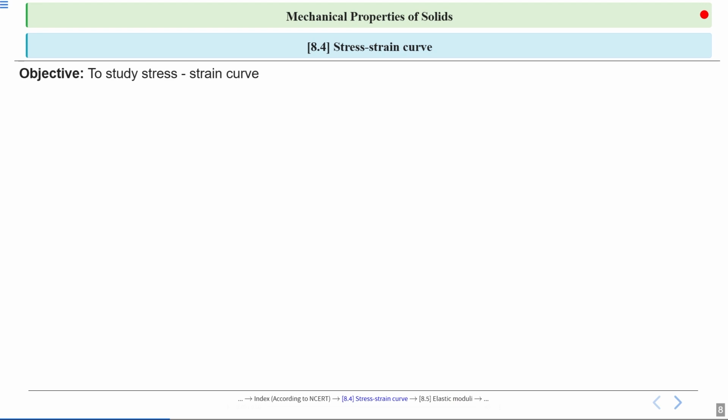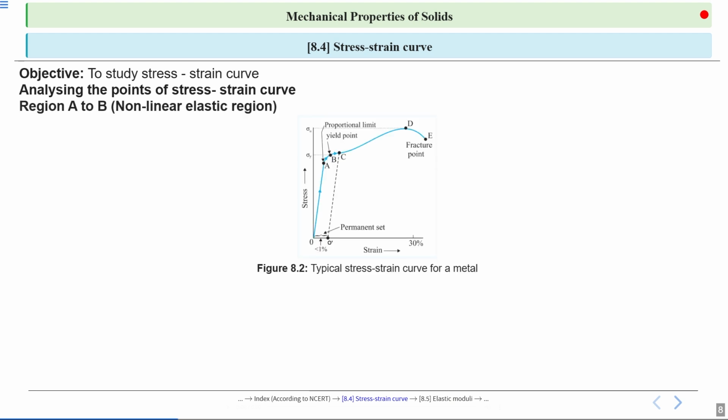We are continuing to understand the stress strain curve. So next, region A to B. Alright, A to B. Now focus on the region from point A to B, which is called the non-linear elastic region.